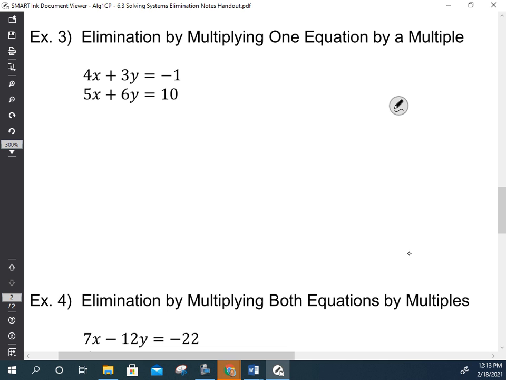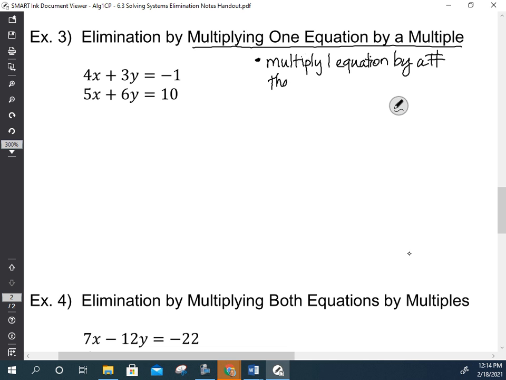So this is how this type of problem works. Multiplying one equation by a multiple works like this. Multiply one equation by a number that will make one variable the opposite.